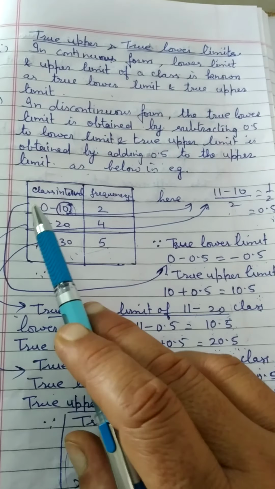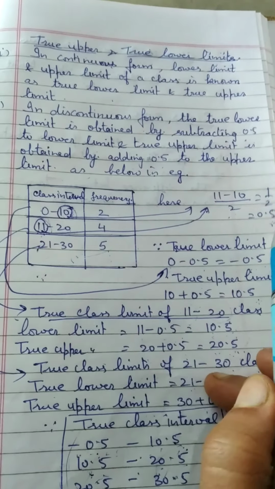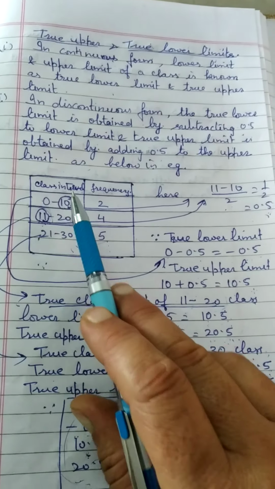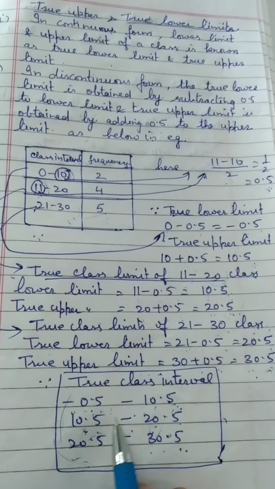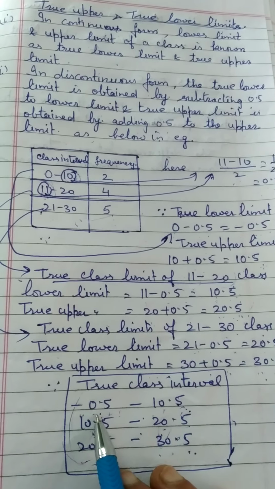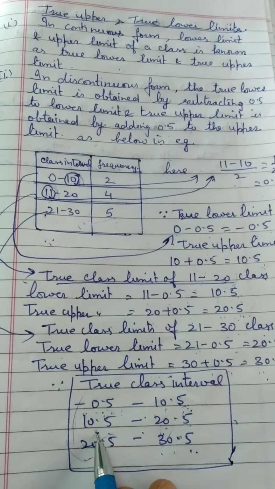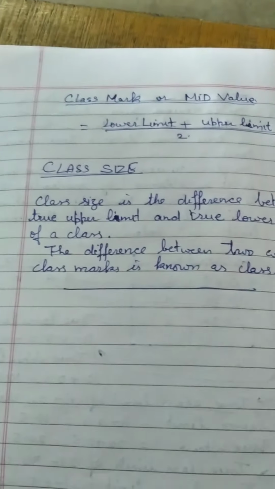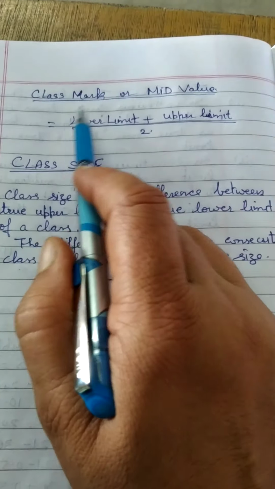Now 0.5 is subtracted from the lower limit and 0.5 is added to the upper limit in each case to get a continuous class interval. As here we get minus 0.5 to 10.5, 10.5 to 20.5, then 20.5 to 30.5.